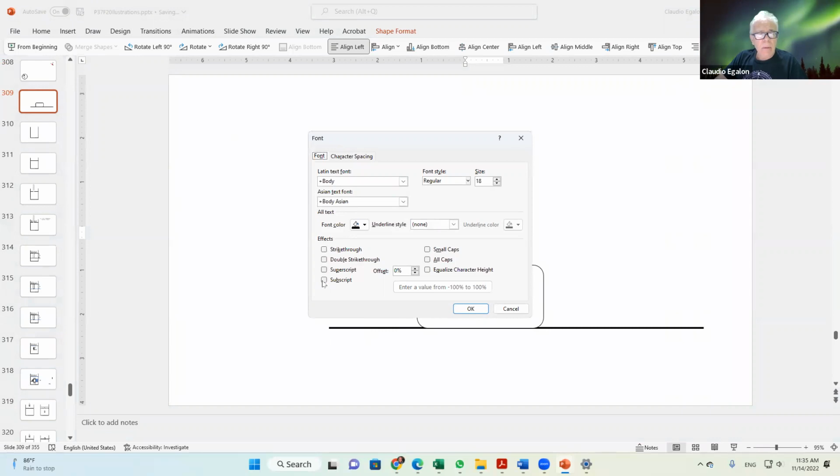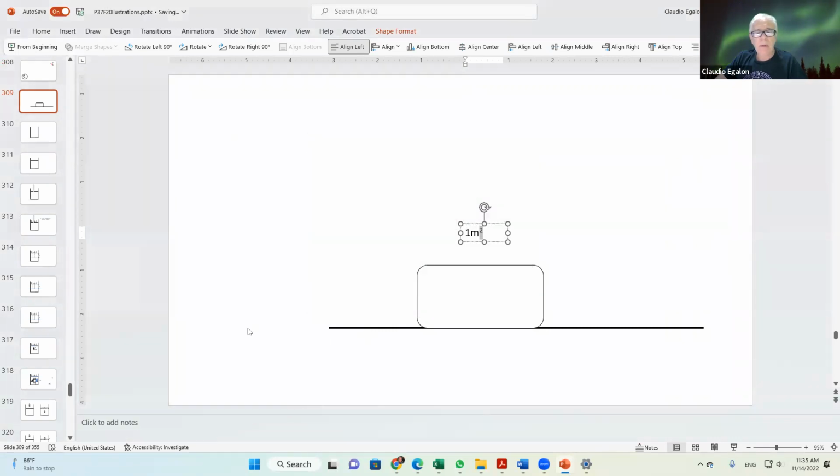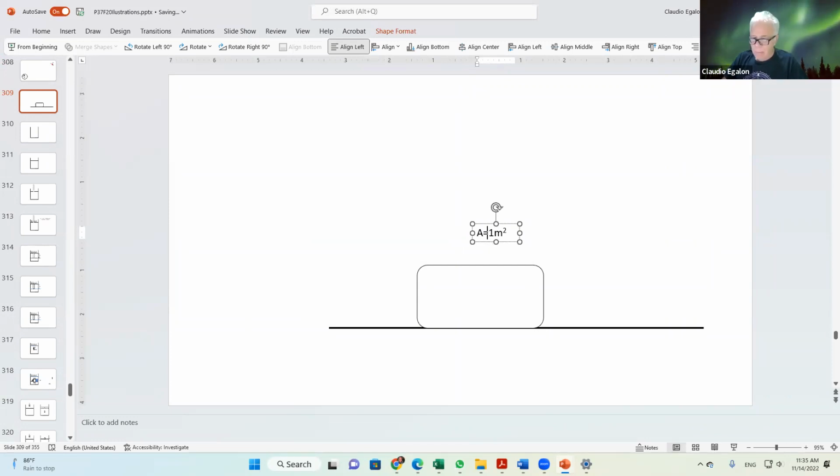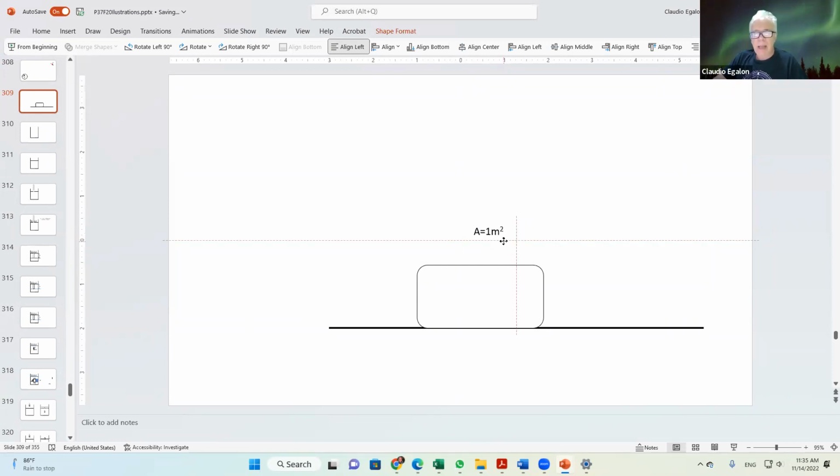Okay, now subscript, superscript, yeah? And it has a mass of 10 kilograms.